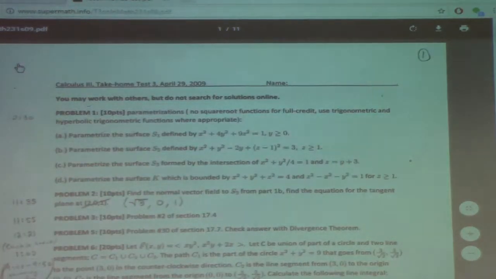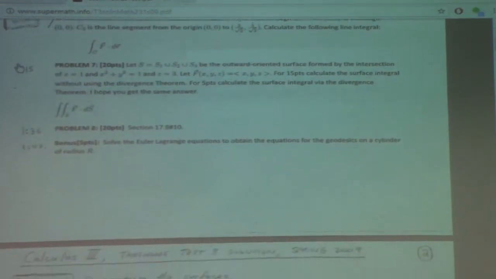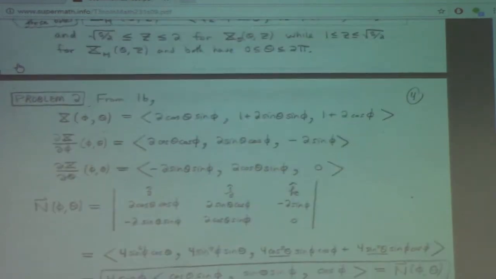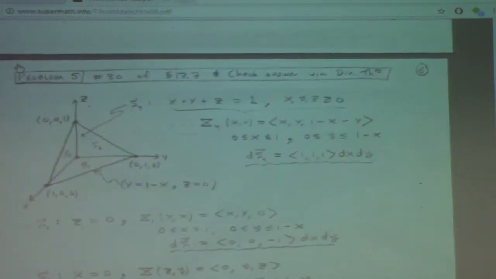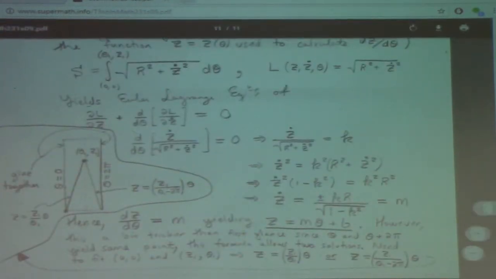This is the, let's see here. This one actually is relevant. But it's take home, of course. So yeah. Ooh, see, I was actually teaching them Euler-Lagrange equations. Check that out, yo. All right.